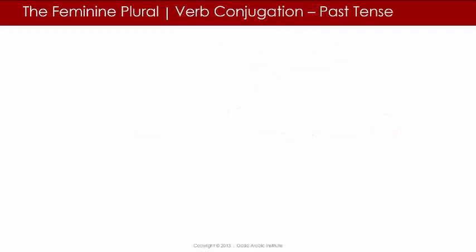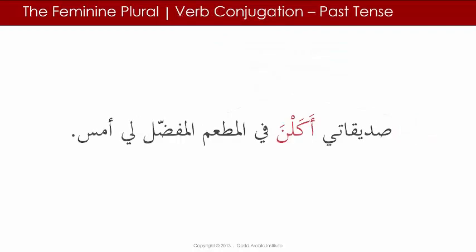Now let's look at verb conjugations. We're going to start with the past tense. صديقاتي أكلن في المطعم المفضل لي أمس. My female friends, they ate in my favorite restaurant yesterday. أكلن here is with a noon at the end. Be careful that أكلنا with an alif on the end is we ate.